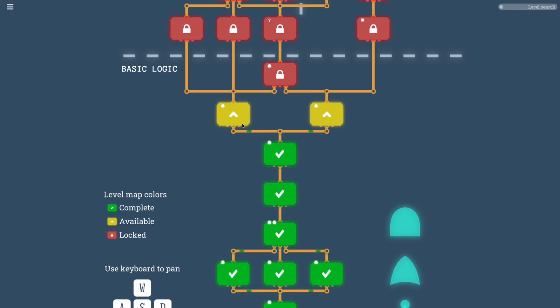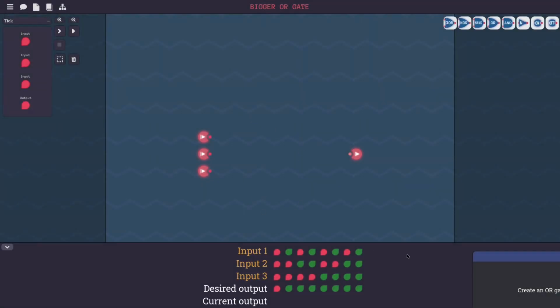All right, onward. Bigger OR and bigger AND. We'll do OR first. Create an OR gate with 3 inputs, right? So if any of these are on, right? It's just an OR, but with 3 inputs. So we're going to start with at least this OR, right? And if this is on, it works. If this is on, it works.